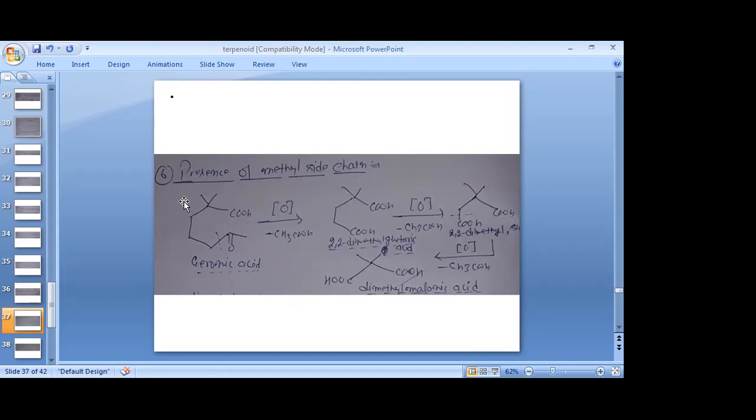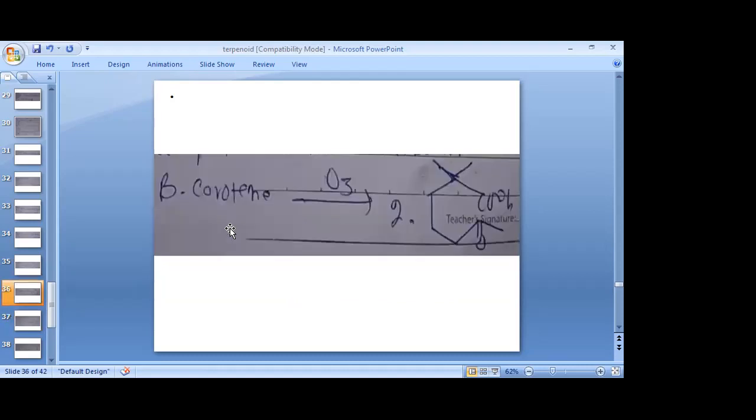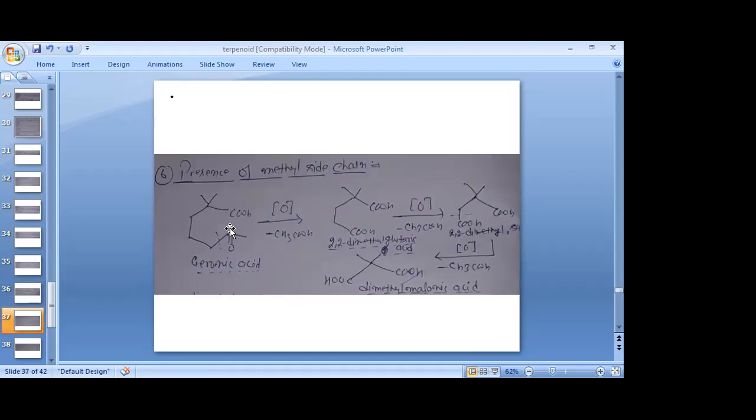So it is with geronic acid, which formed after oxidation of your beta carotene with ozone, right? It should be clear. This reaction is very useful to confirm the presence of methyl groups in beta carotene. We had already discussed this reaction.